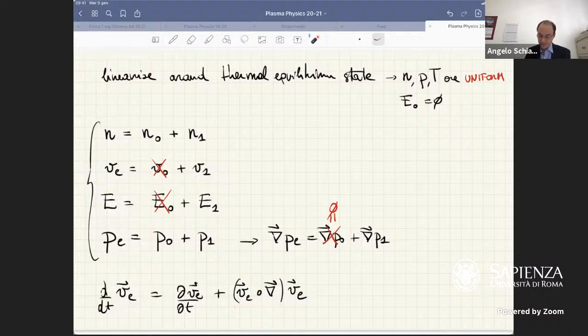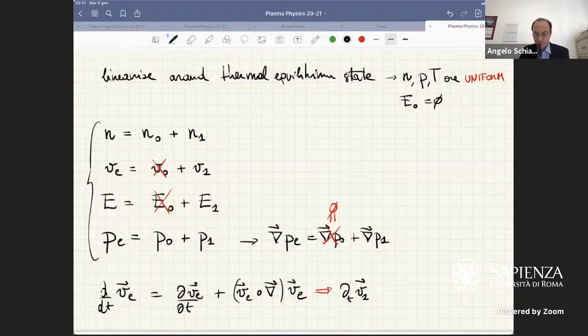Okay, let's linearize. For instance, this equation can be written as, the first is the derivative with respect to time of the velocity field.